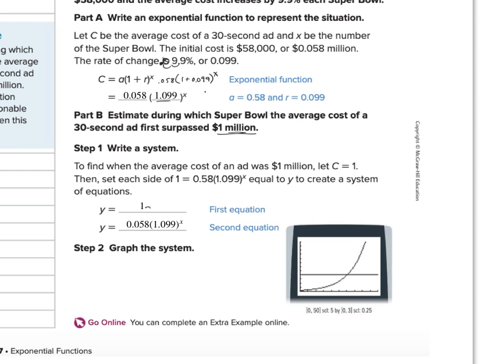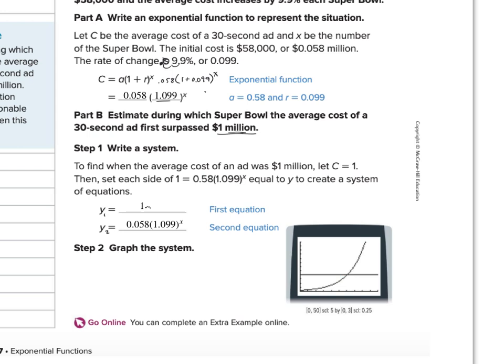You could make your y1 equal 1, your y2 into this equation, and then find out, when you calculate it, what is the intersection point. This is where it becomes 1 million. Okay? That is one option.